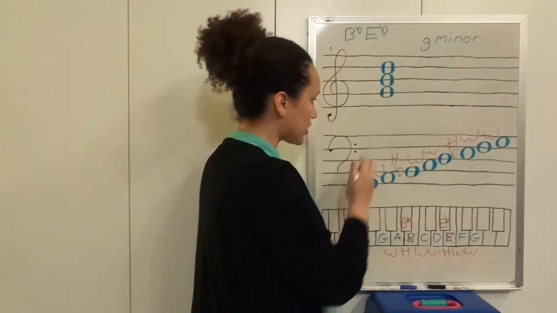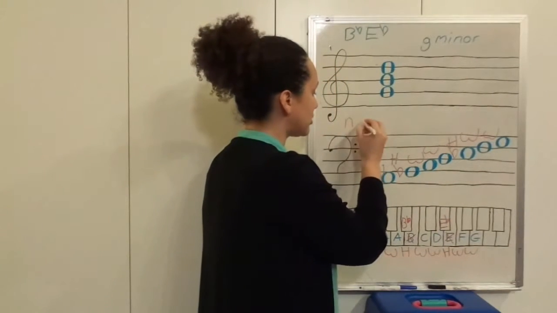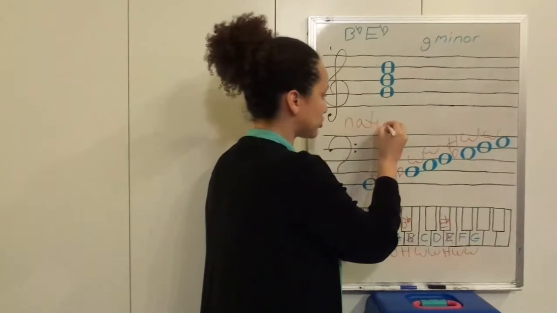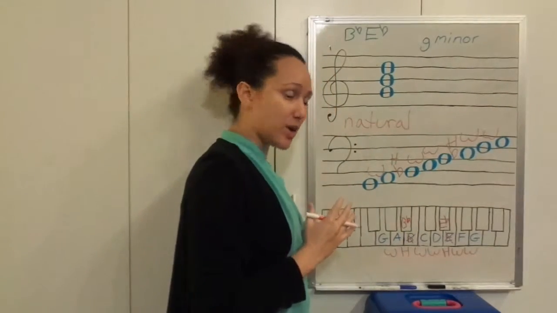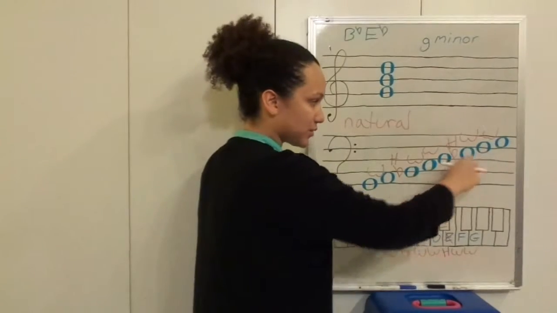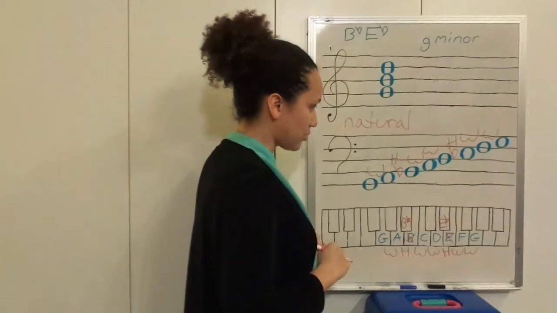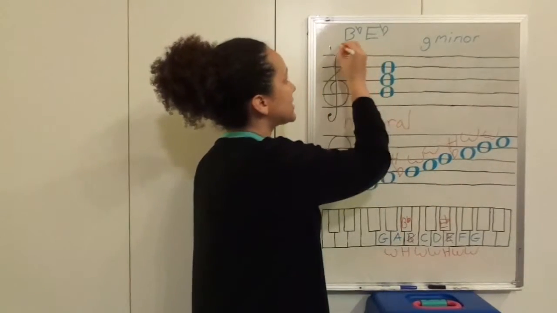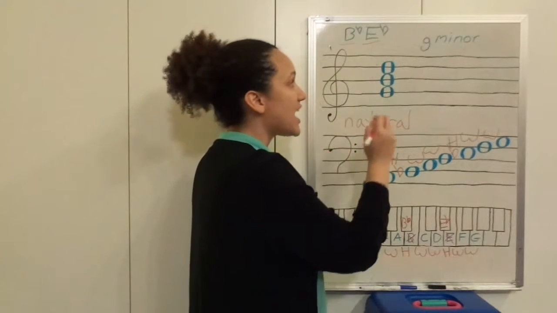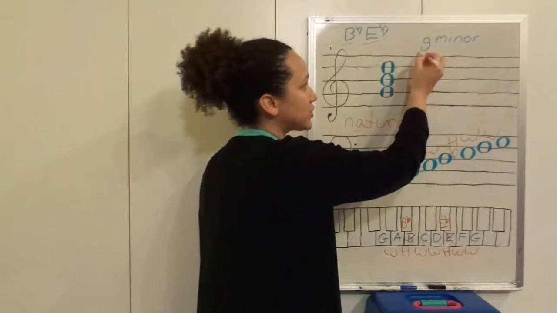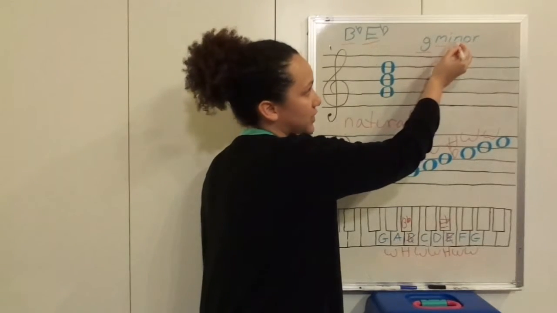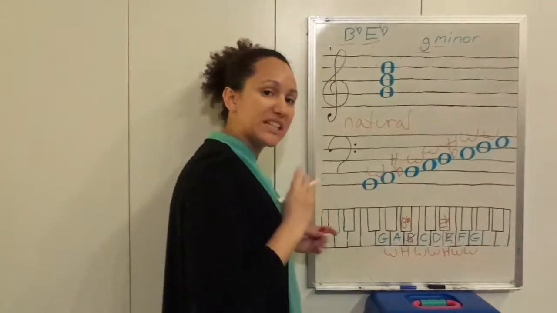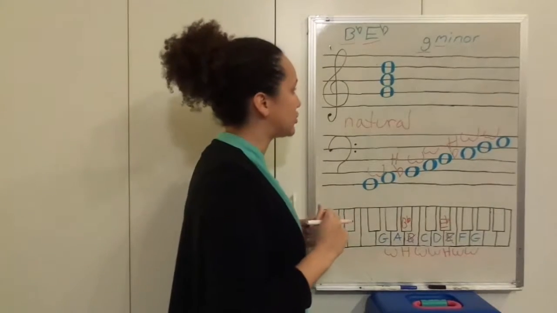However, we're just going to deal with the natural minor right now, and so we're not going to worry about the seventh note, okay? So we have two flats, the B flat and the E flat, and remember always for minor do lowercase for the letter name and lowercase for the m for minor, so that we can distinguish between minor and major.